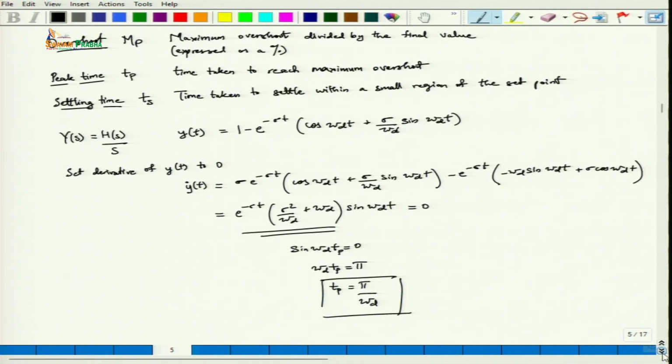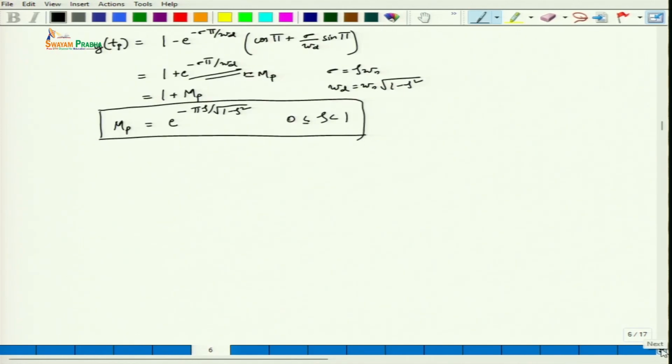So, how do we derive the expression for settling time? We will look back at the expression for y(t). Basically it is 1 minus something, and we can simplify this expression to get it in terms of just cosine.